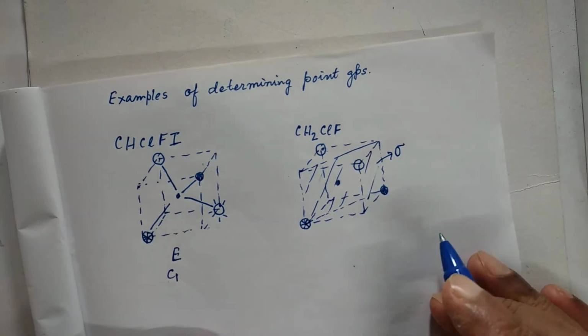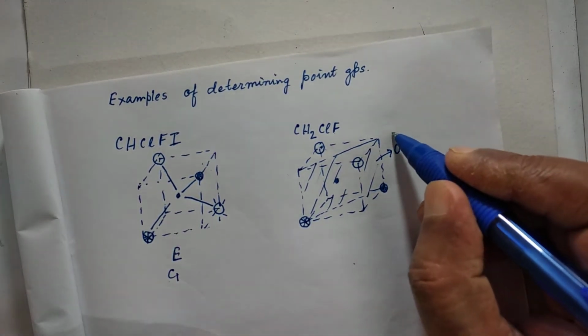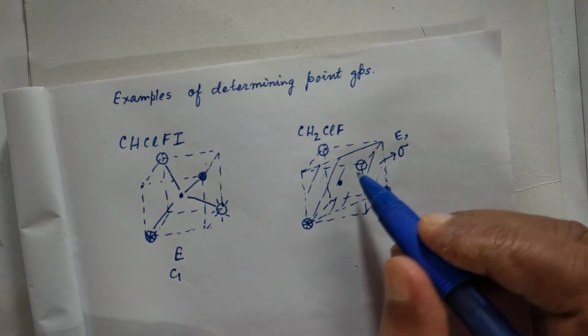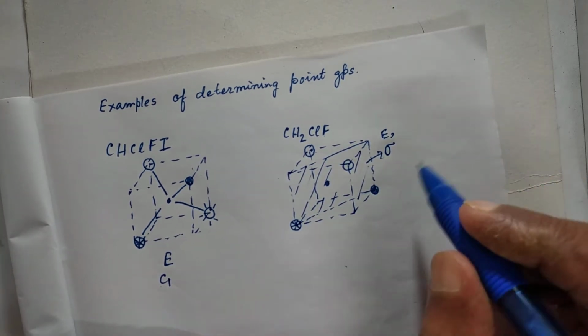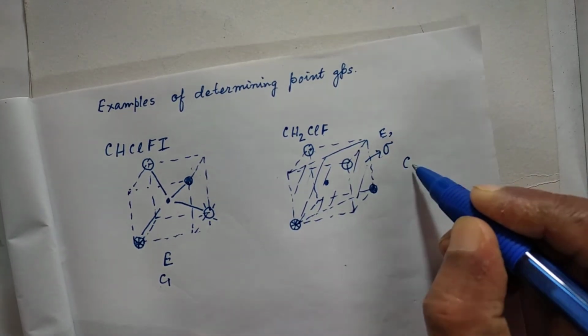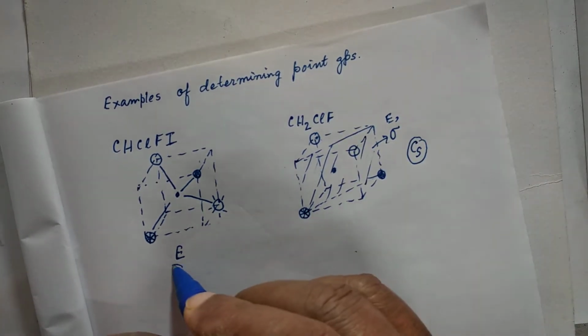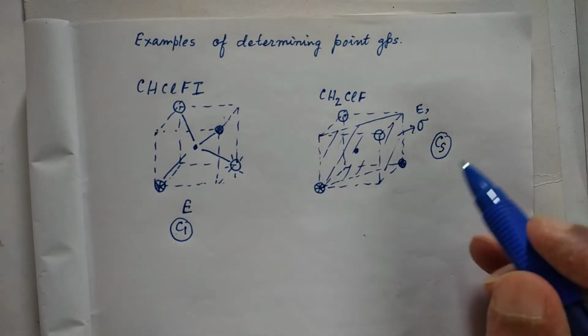So it is a plane of symmetry. The object has its own identity E and a plane of symmetry like this. There is no other symmetry element present. Therefore, the point group is Cs. Here point group is C1 and the point group here is Cs.